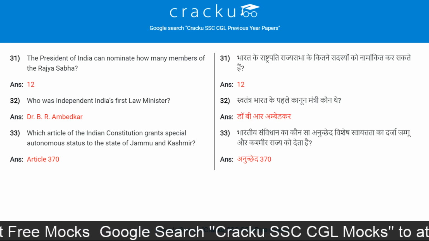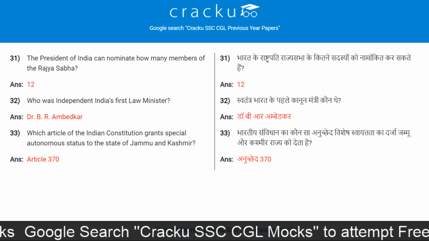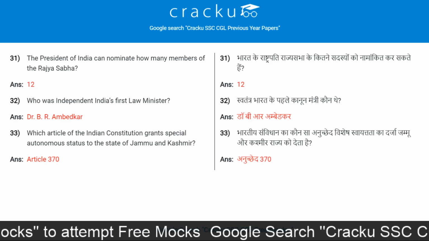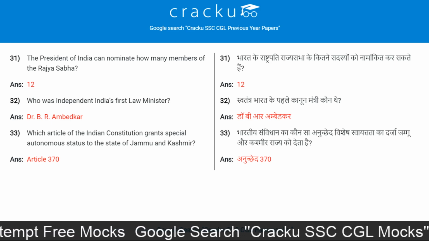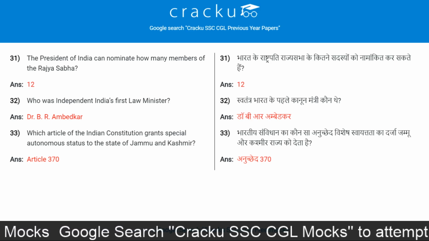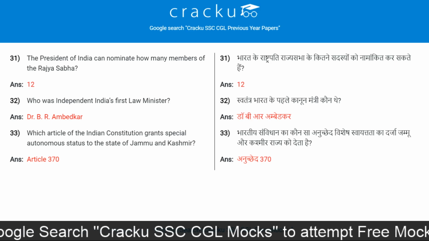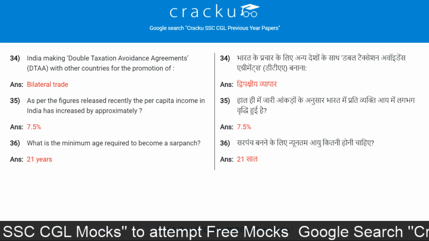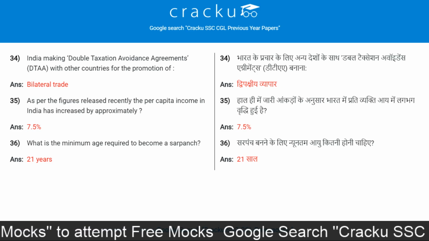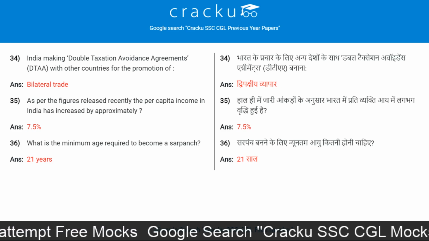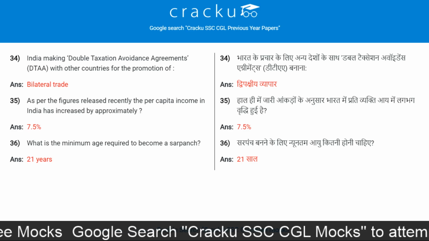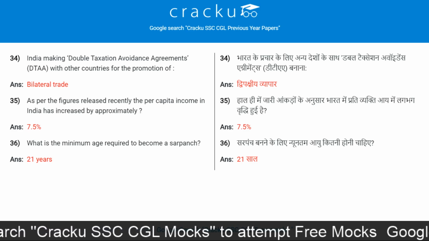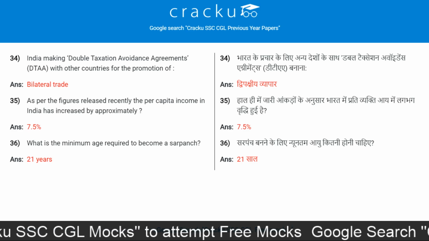Who was the independent India's first law minister? Dr. B.R. Ambedkar. Which article of the Indian Constitution grants special autonomous status to the state of Jammu and Kashmir? Article 370. India makes Double Taxation Avoidance Agreement, which is DTAA, with other countries for the promotion of bilateral trade.